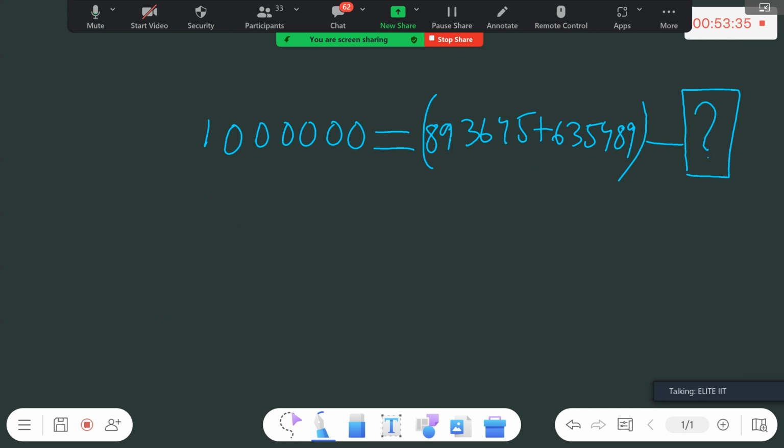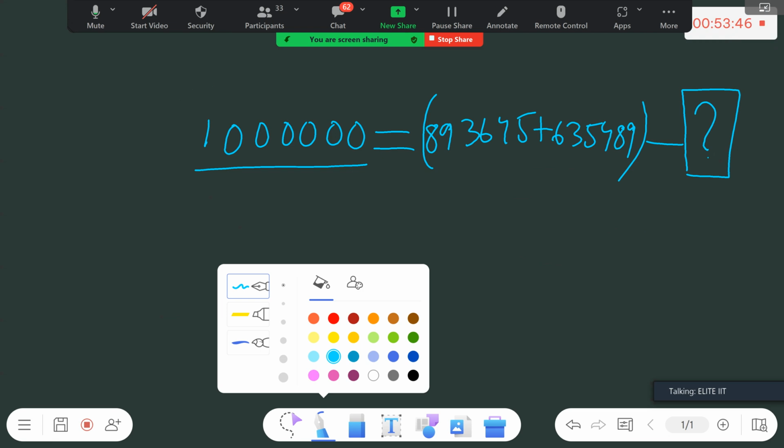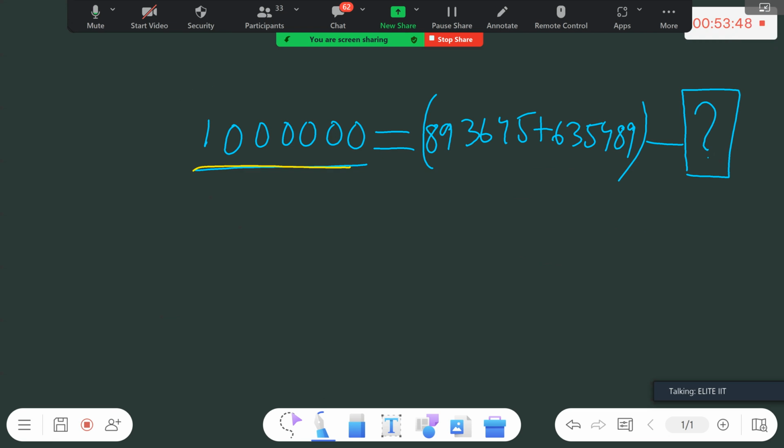If you read the question, it is saying that you obtain this number, which is 10 lakhs, when you do the addition of these two numbers and you subtract a particular number, and they are asking you to find the value of this number.